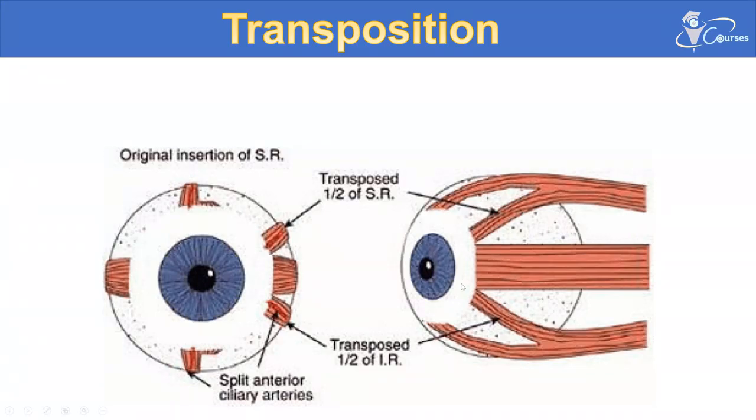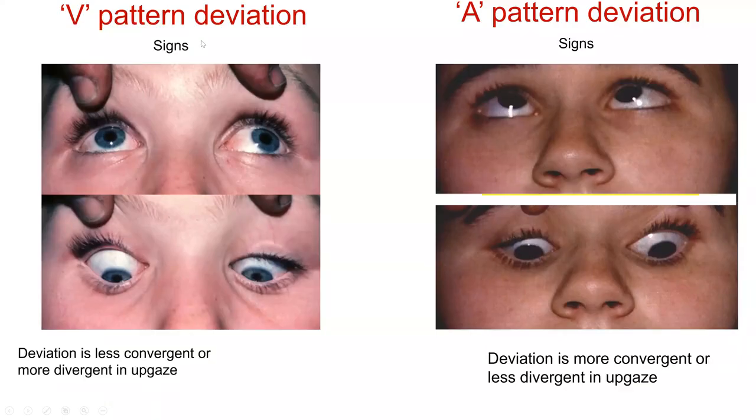So what is meant by alphabetical pattern? We mentioned this name during the strabismus lecture. We said A pattern and V pattern. So let's try to understand what is meant by A pattern and V pattern. The V pattern is when the eyes look more convergent in down gaze than in up gaze.